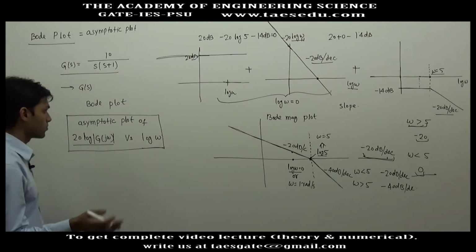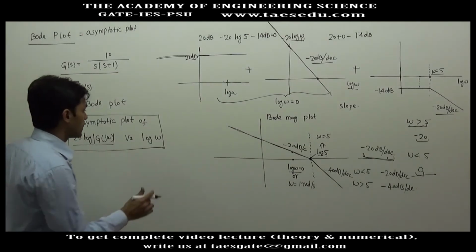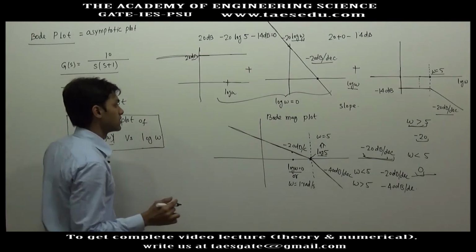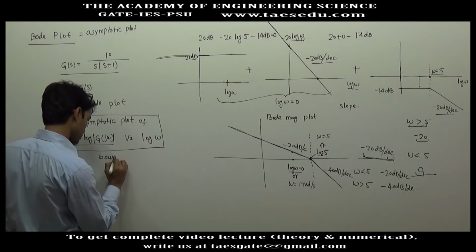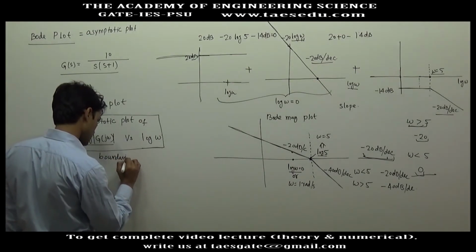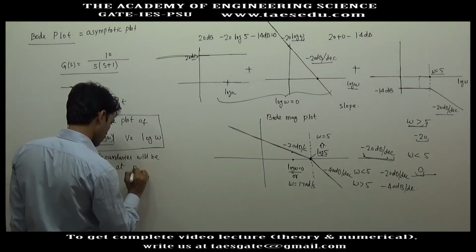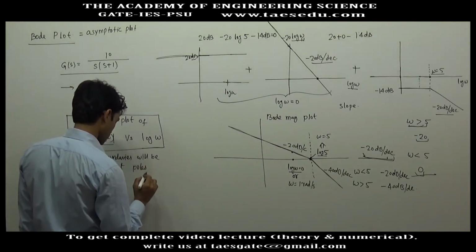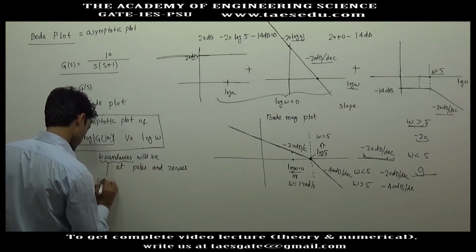Or the boundary will be easily seen when we do further examples. In those examples we will observe that the boundaries are nothing but the poles and zeros, and the boundaries are also called corner frequencies.